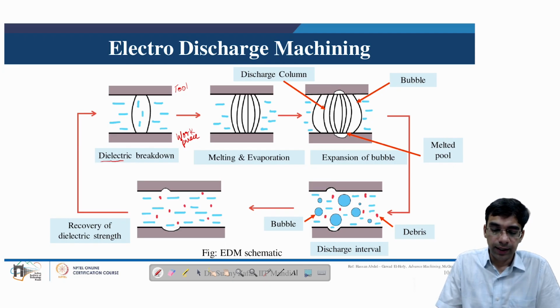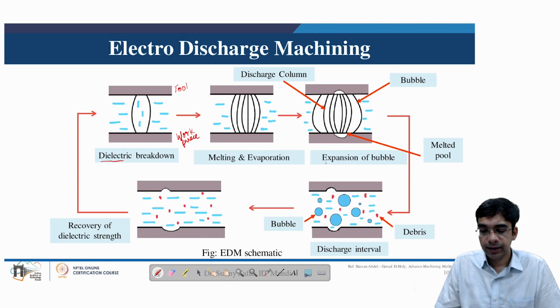During the dielectric fluid breakdown, the discharge column is established between the tool and workpiece, which leads to melting and evaporation. And because the surrounding dielectric fluid also comes in contact with this discharge column of the plasma, a bubble is formed, and this bubble size keeps on increasing, or we can say expansion of the bubble takes place.